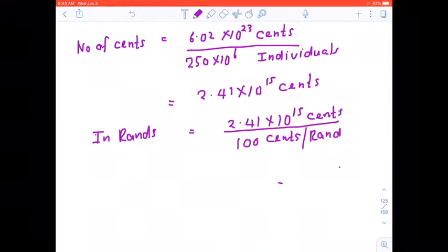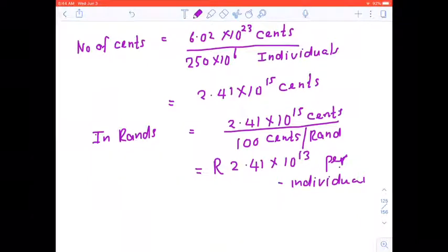Which then means that is equal to 2.41 times 10 to the 13 rands per individual. Wow, per individual. That's money for several lifetimes.